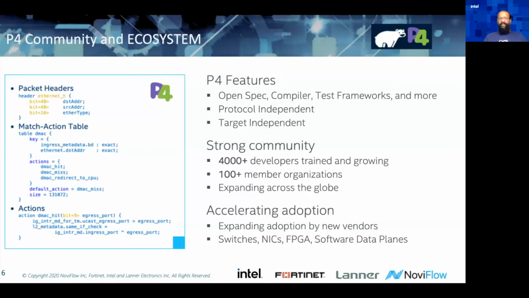As you can see from the snippet of the code on the left, it looks like C. It's easily readable, and it has constructs that are packet processing specific. So as you can see, there are things like headers, tables, actions.